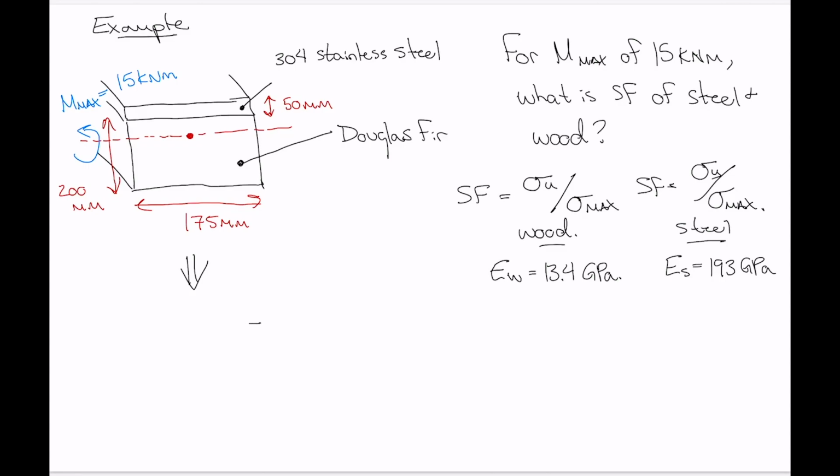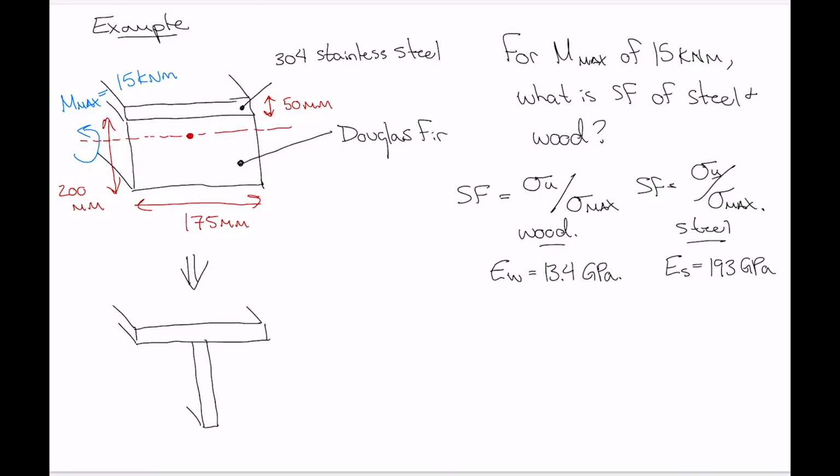So we'll transform the Douglas fir into an equivalent piece of steel. We don't touch the stainless steel; we leave that alone for our transformed beam. If the Douglas fir was steel, we could have a much smaller piece of steel that would do the same mechanical job. So our beam would end up looking like this.